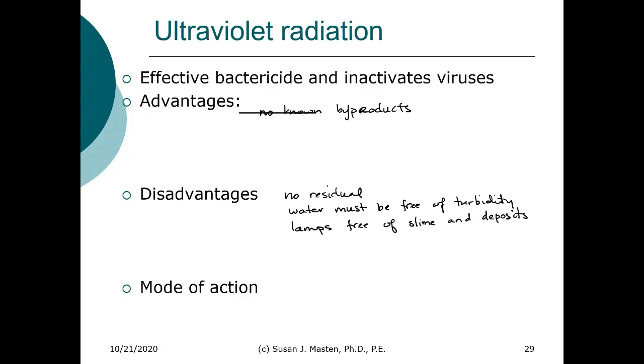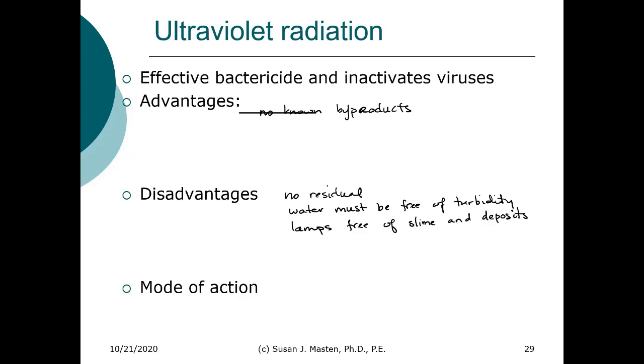You can get slime deposits, especially in wastewater systems, on the lamps. You can get chemicals precipitating on the lamps, and that decreases the transmission of light, so it decreases the efficiency. So you don't want either slime or chemical precipitates depositing on these lamps.